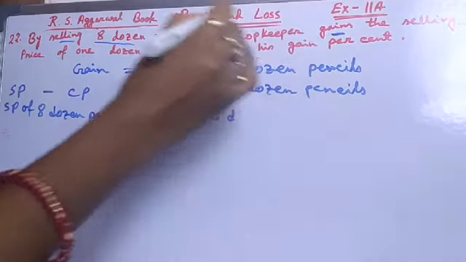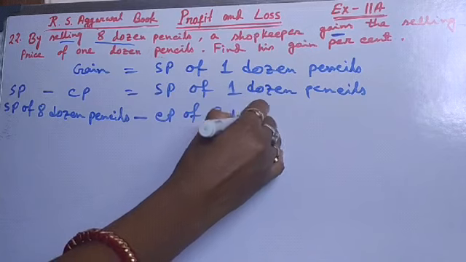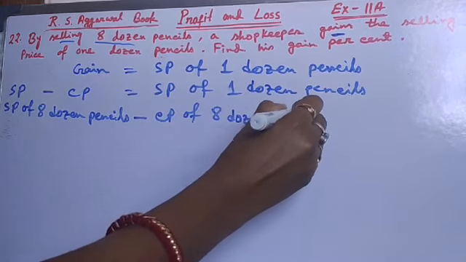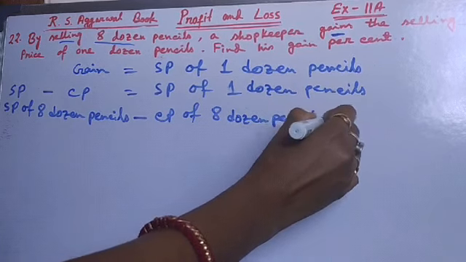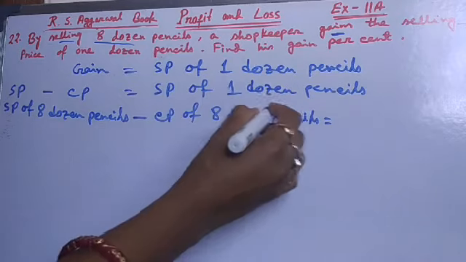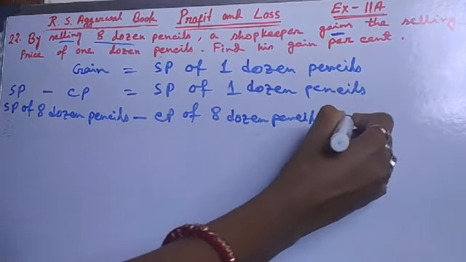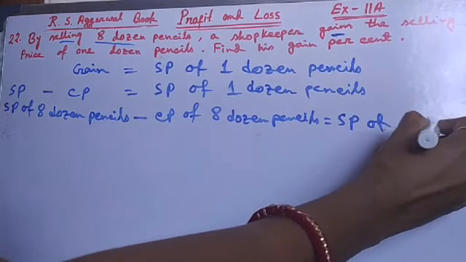Then the shopkeeper gains the SP of 1 dozen pencils, so that equals SP of 1 dozen pencil.